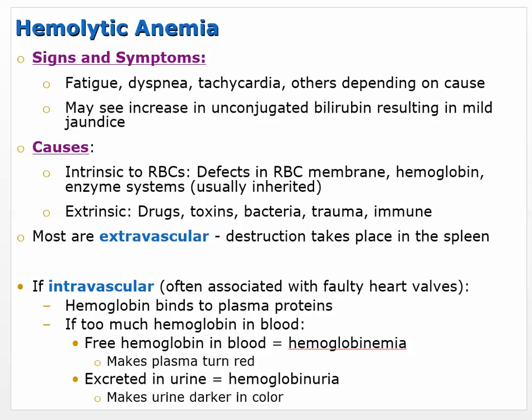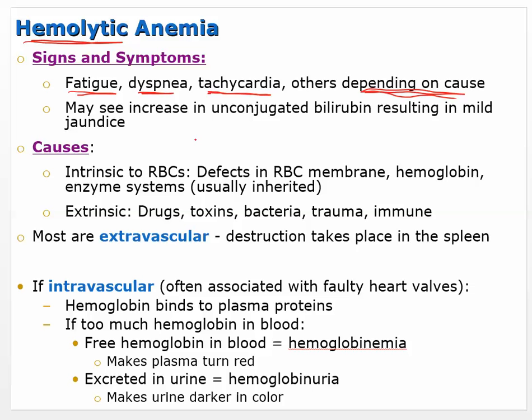So first of all, hemolytic, so we're talking about the breaking of red blood cells. Hemolytic anemia, the signs and symptoms, well, it's anemia, so it's going to be many of the same types of things: fatigue, labored breathing, so dyspnea, tachycardia, the heart rate's going to go up. It's going to try to compensate for not getting enough oxygen to the tissues. And others then can depend on the cause, because you may have some obstruction or something like that.